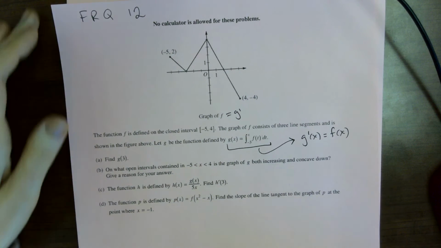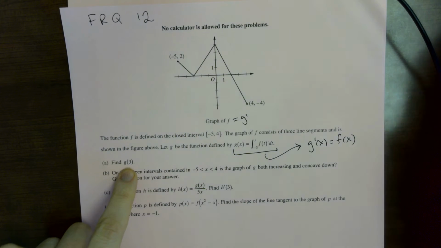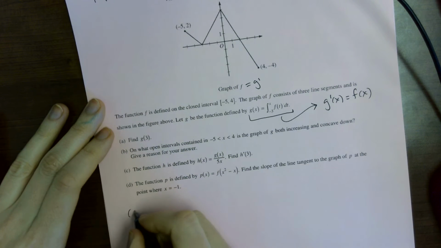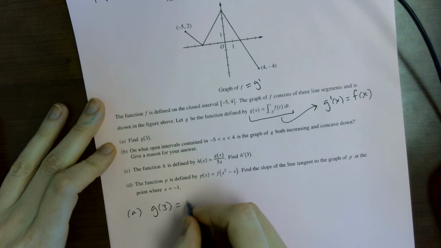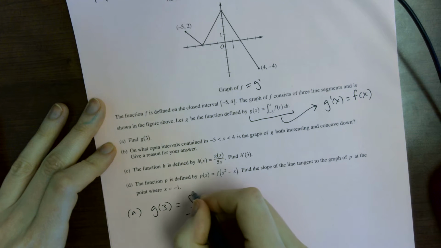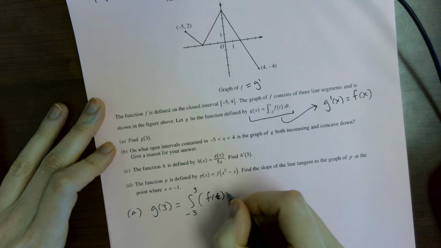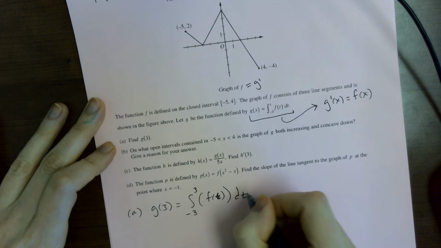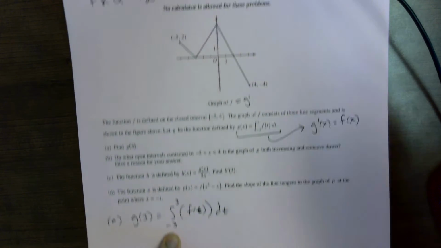So the way that an accumulation function works is that you plug, okay, so let me go like right here. So for part A, for g of 3, for an accumulation function, the input goes up there. And I usually use W for the variable on the inside because it's hard to confuse it with X, but they're using T. So I need this area.